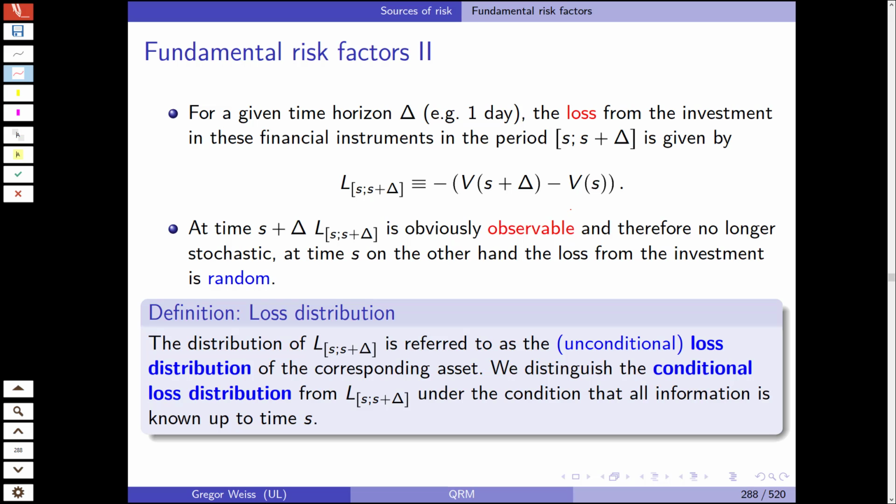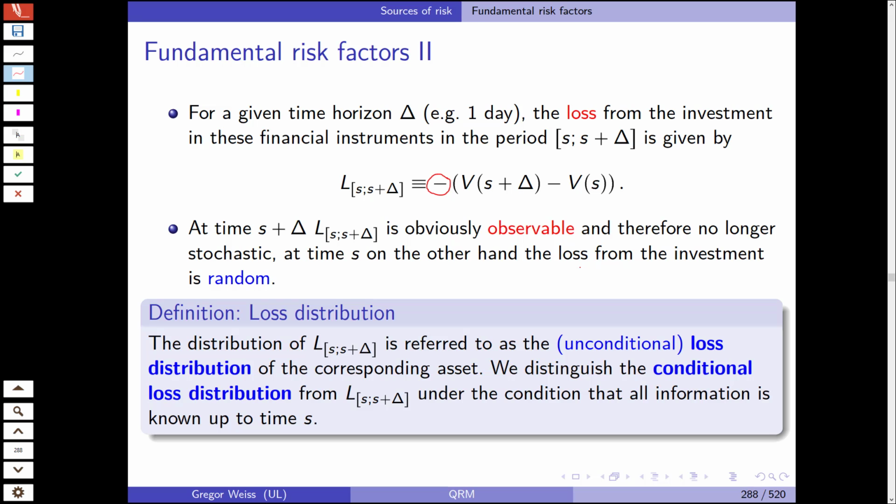In this definition, you can see that if the position increases in value, if it appreciates in value, then actually a loss is a negative number. No, a loss is a positive number and a profit is a negative number. So be careful with this negative sign before this equation.